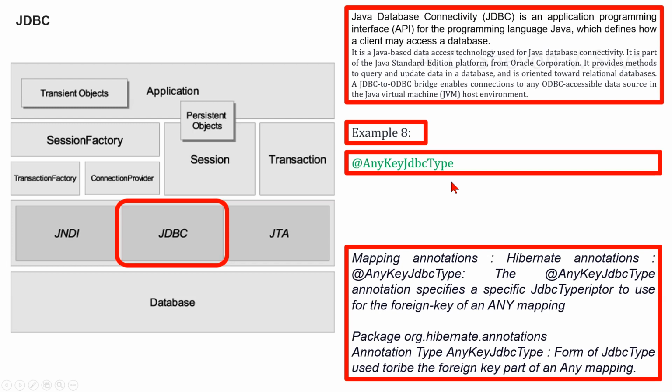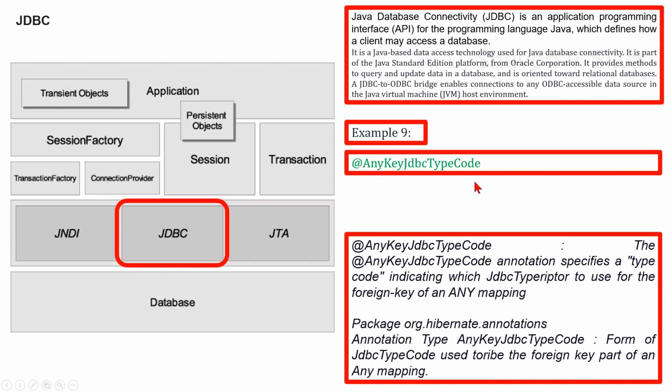This annotation type, AnyKeyJdbcType, is the form of JDBC type used to describe the foreign key part of an any mapping. This is in the package org.hibernate.annotations.